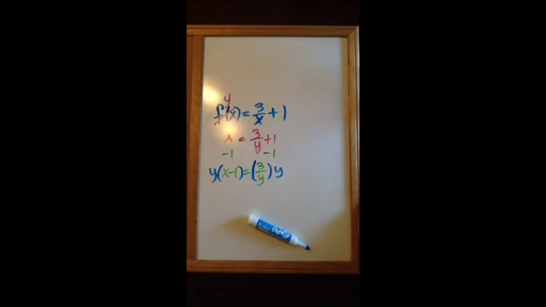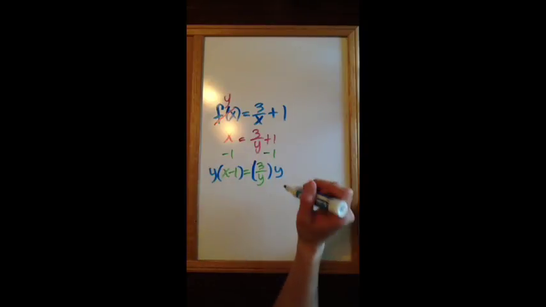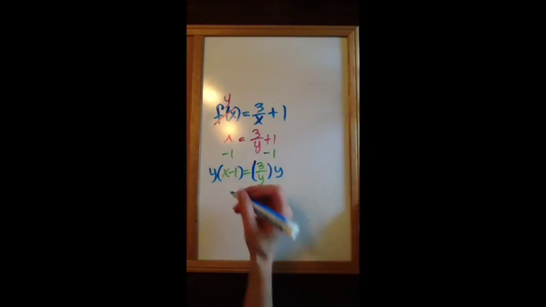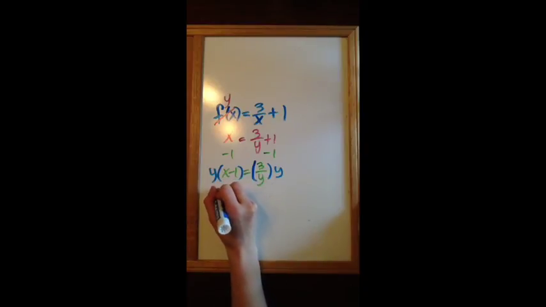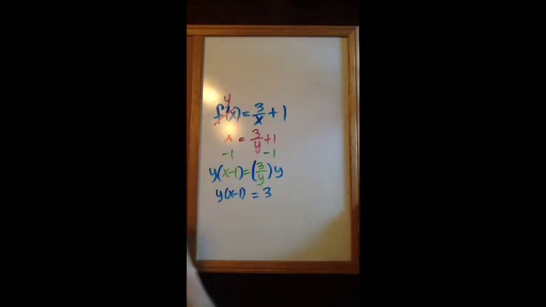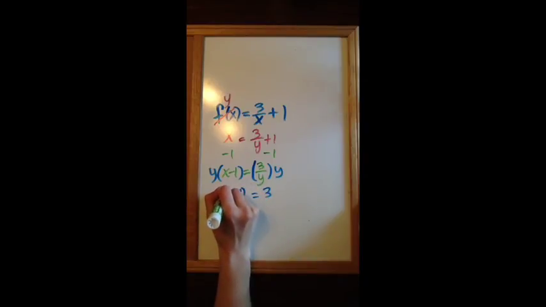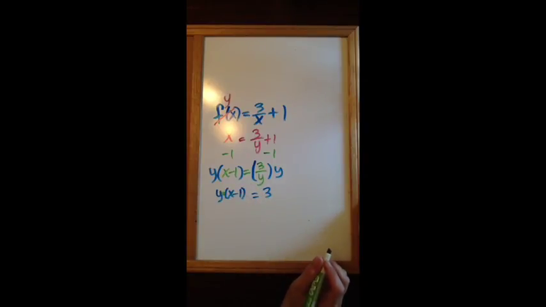Okay. Now, typically in the past, we multiply the y through to the x minus 1. We're going to forego doing that, and I'm just going to write it as y times x minus 1 equals 3. Now, can you see here that I want the y by itself, and the y is being multiplied by the x minus 1.